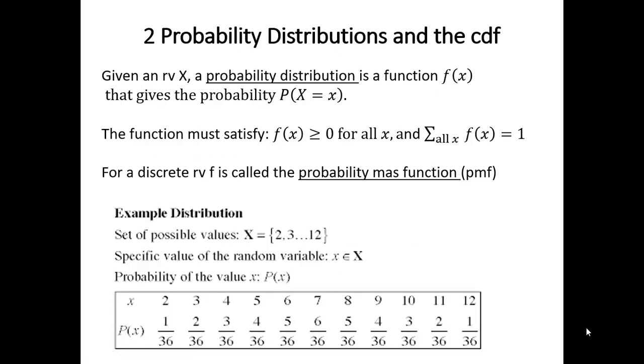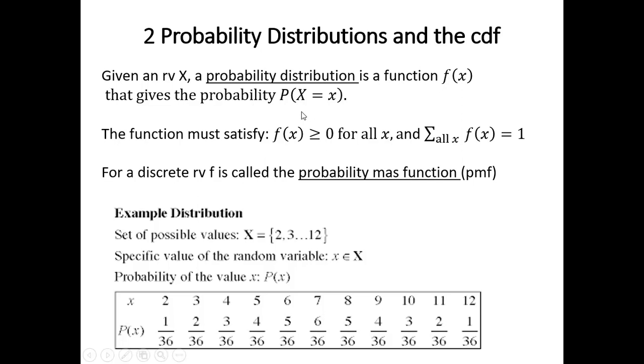Now, in the next section, we talk about probability distributions and the CDF. So we'll start out with this definition. Given a random variable x, a probability distribution is a function, f of x, that gives the probability that our random variable X is equal to a specific value of x.